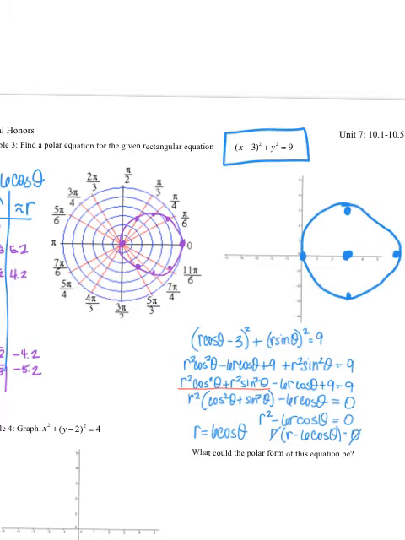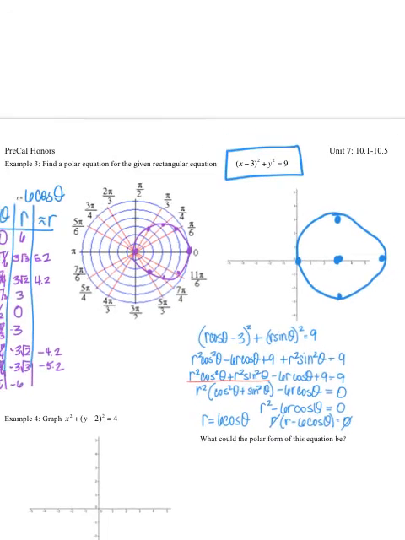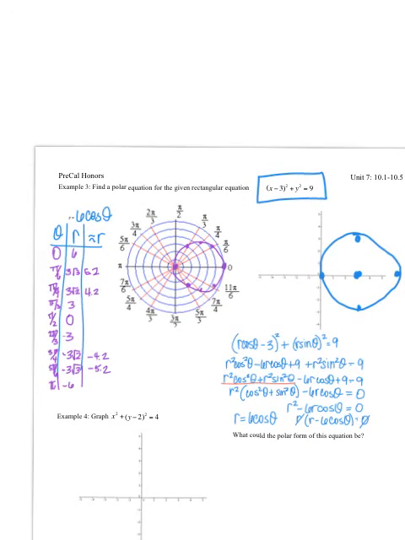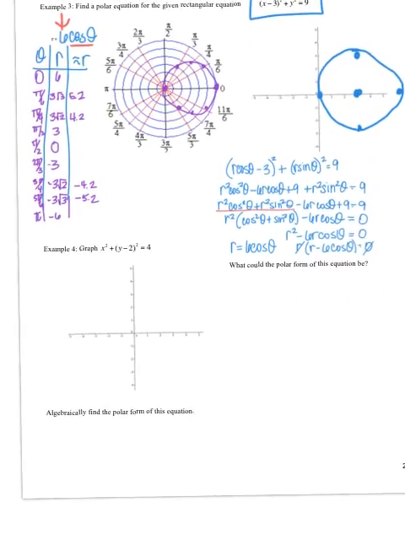And also notice that our circle's diameter is 6, and that the center of the circle is located on the polar axis. So that has to do with this being cosine. Because it is cosine, it's going to be located on the polar axis, and then 6 is telling you the diameter. So let's go down here and try graphing this example.